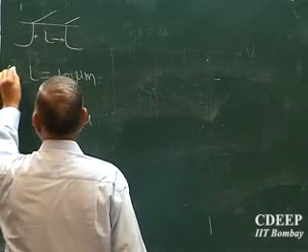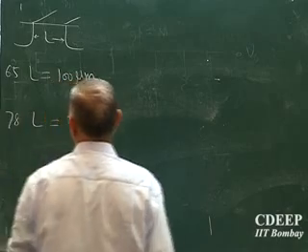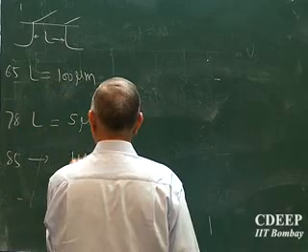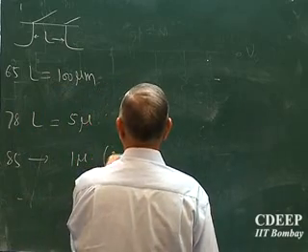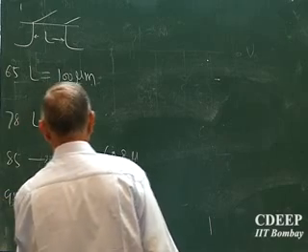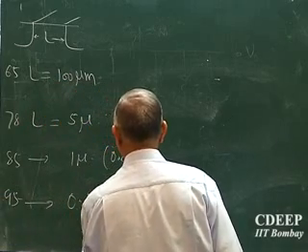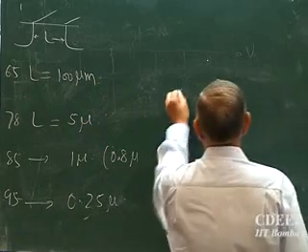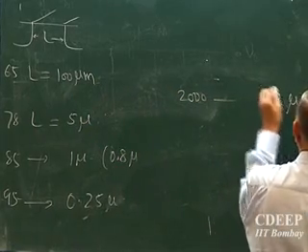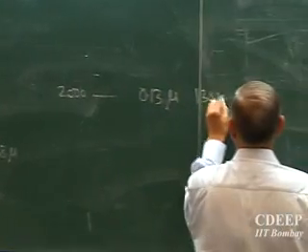This is around 65, this is around 78. By 85, we were working on 1 micron or even 0.8 micron. By 95, we were working on 0.25 micron. By 2000, we started working on 0.13 micron, which is called 130 nanometers.